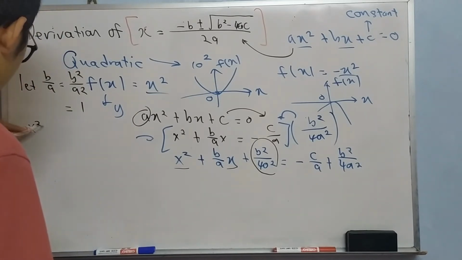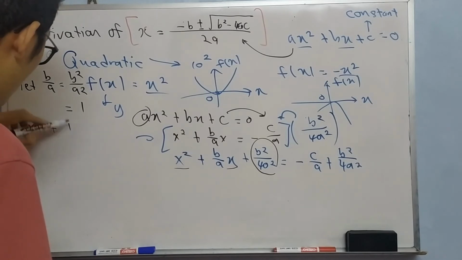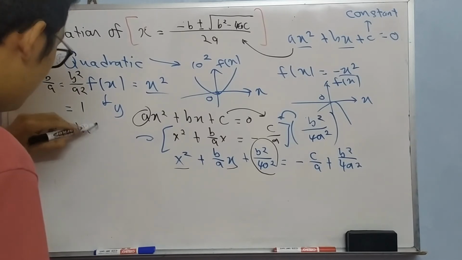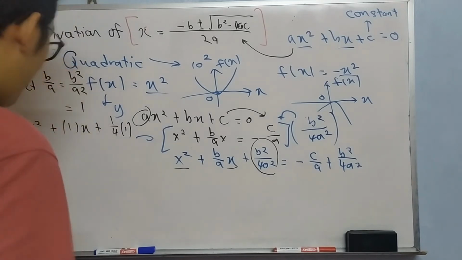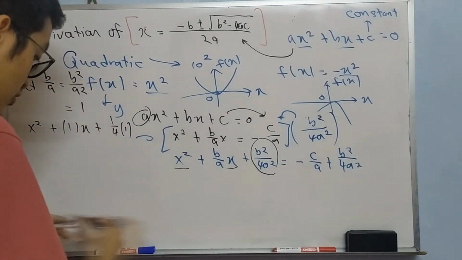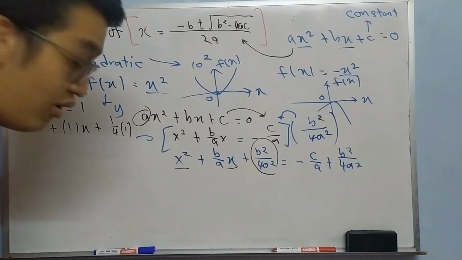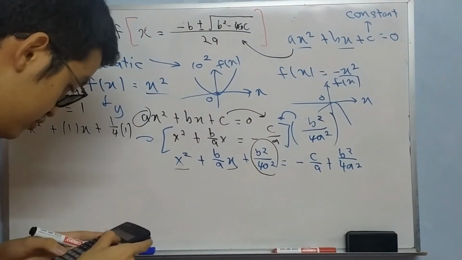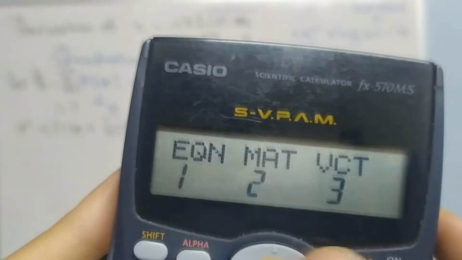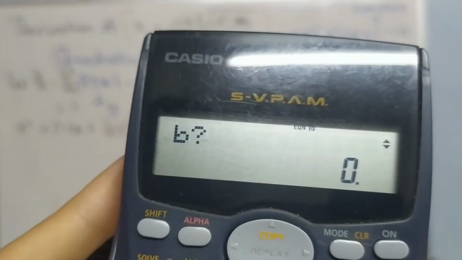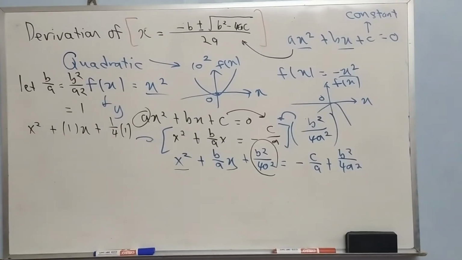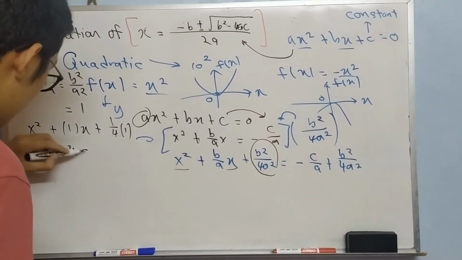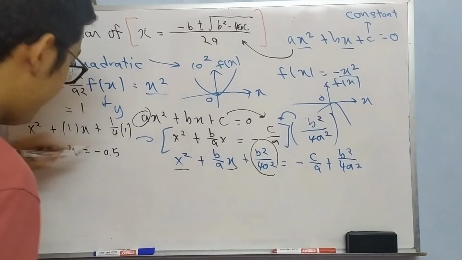So x squared remains, plus 1 x, plus 1 over 4, plus 1. Okay, you are going to press it through your calculator. One divided by 4.